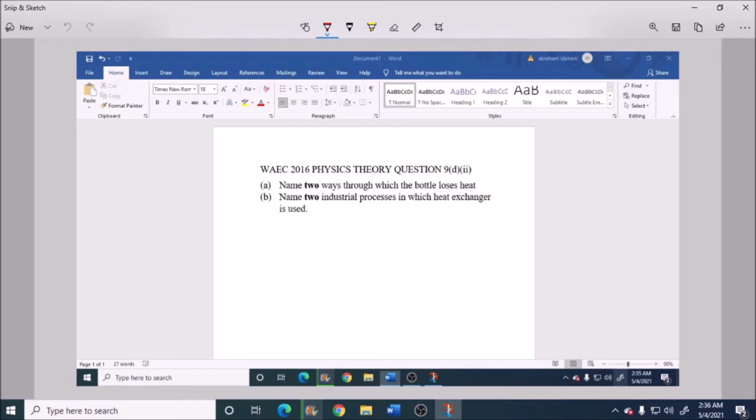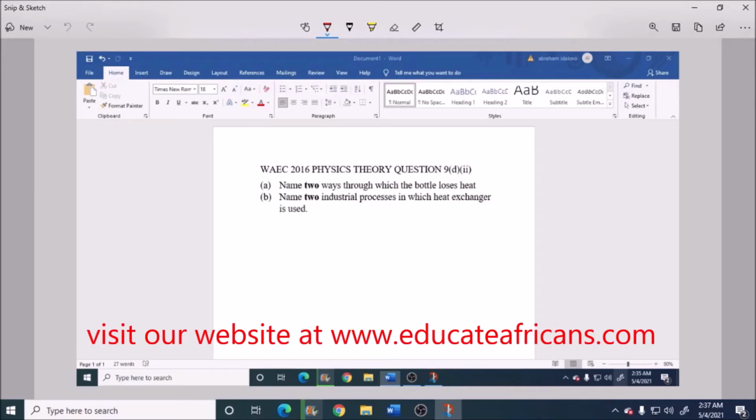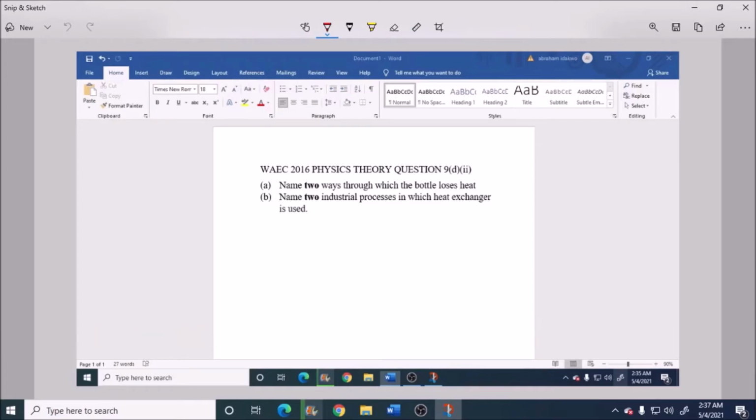Now this question is a continuation of question 9 A, B and C. So this is question D. Part of the 9D is related to question 9D1 in Roman figure. So the bottle loses heat through conduction and convection, and the two ways through which the bottle loses heat is number one. Let's write number one.